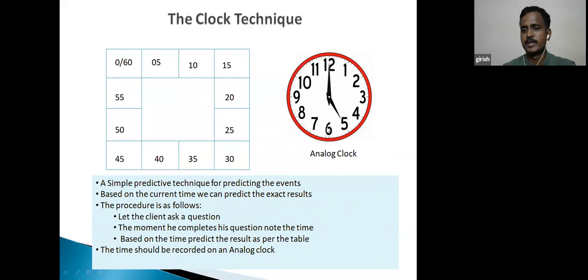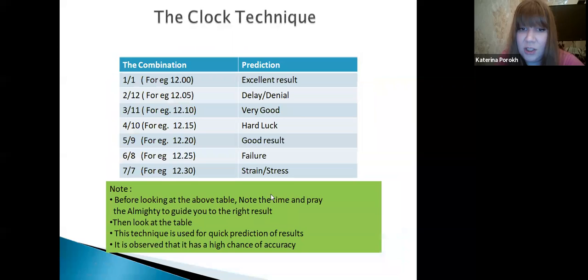Okay, so 7 and 7 is also not good. It indicates trouble, tension and stress.